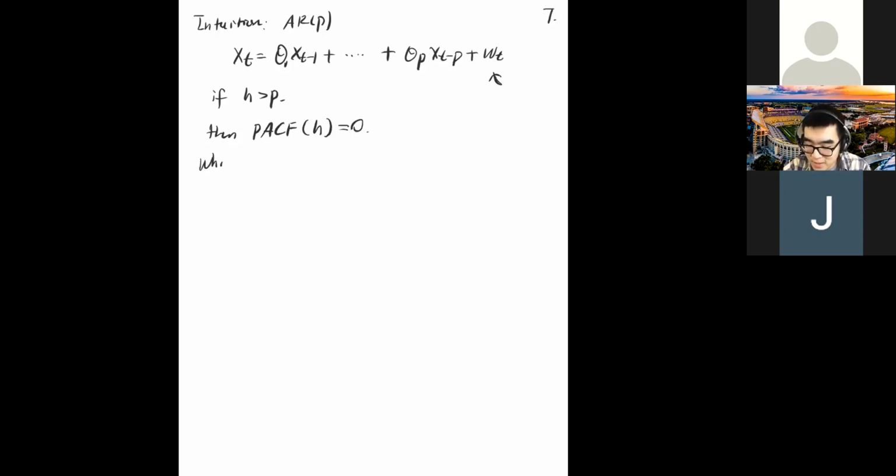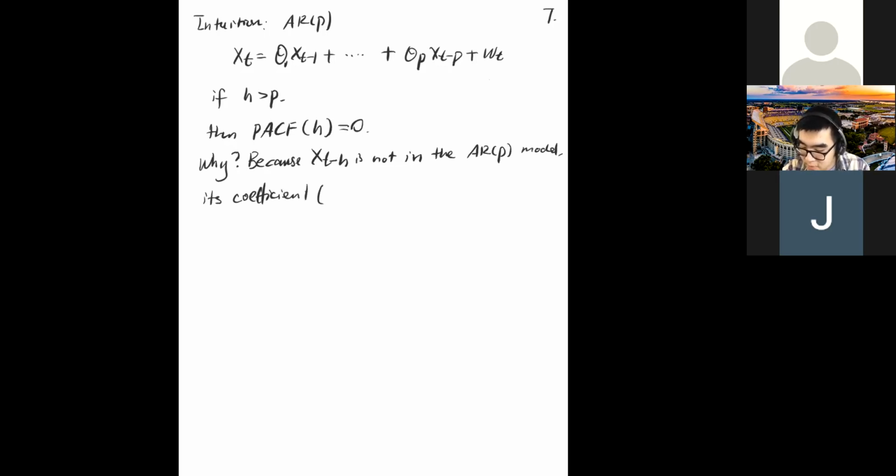So which means its coefficient, which is the PACF at h, is 0.